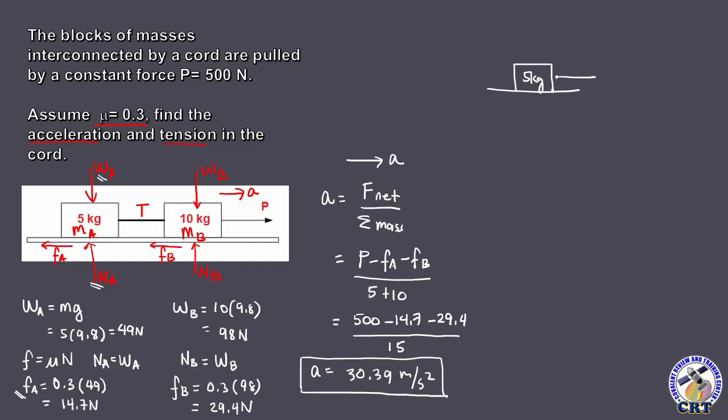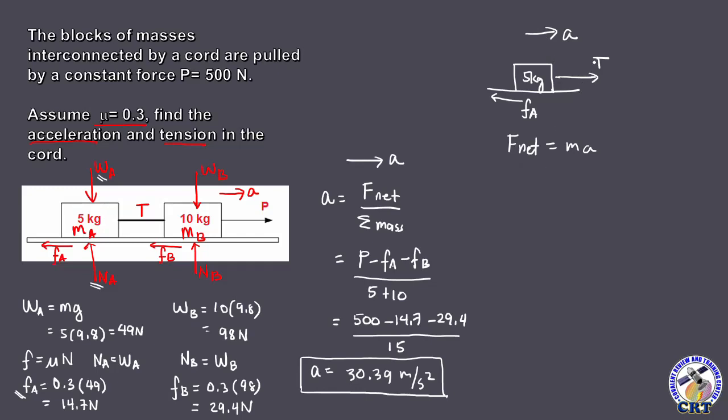There is a tension in this direction, and there is a frictional force A in this direction. Using again the F net equals MA formula. F net here, take note, the direction of acceleration is to the right.